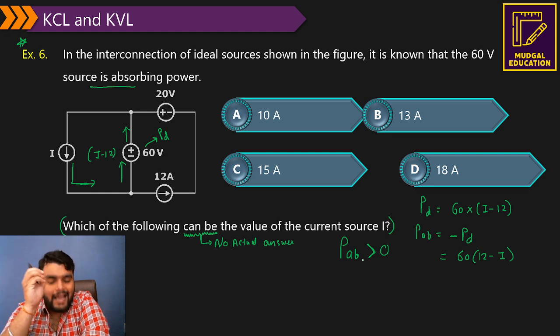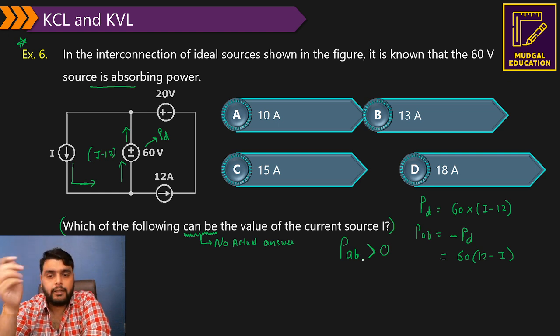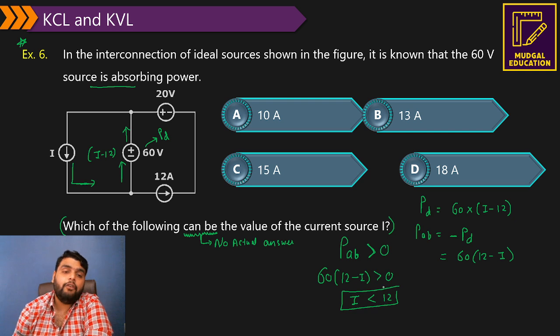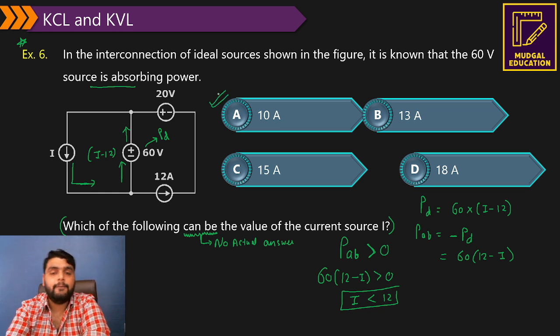Then you can say actually it is absorbing power. Okay. So this will be 60 times 12 minus I, and it is more than 0. I can say I is less than 12. So for the 60 volt source to absorb power, I should be less than 12, and the only option which is satisfying here is option A.